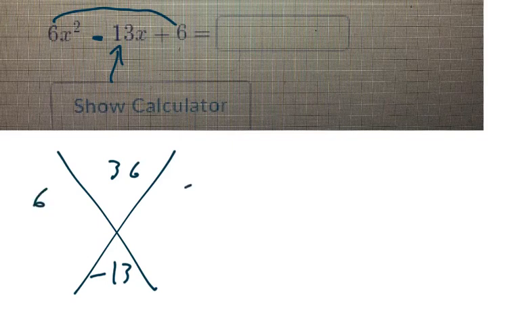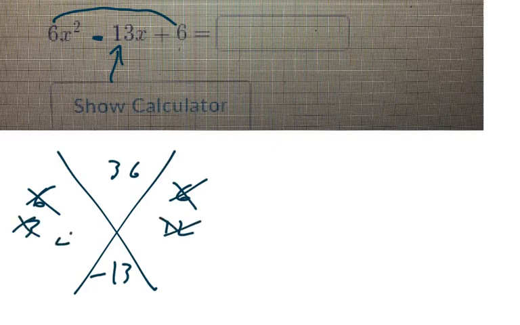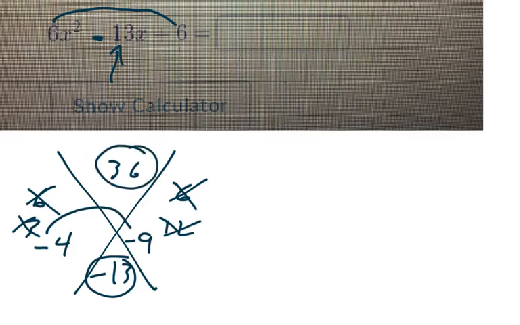If I tried 6 times 6, no go, no 13. If I try 3 times 12, again, no 13. If I try 4 times 9, I can get a negative 13 if I make them both negative, and a negative with a negative makes the positive. So my answer is going to be x minus 4, x minus 9.